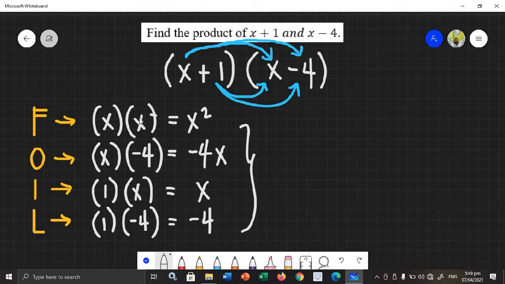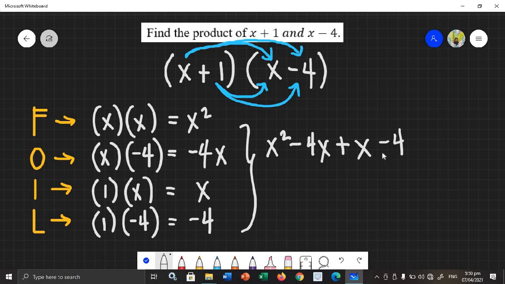So, here, first is the F, the product of the first terms, which is x raised to the second power, and then the product of the outer terms, which is negative 4x, so write minus 4x there, and then the product of the inner terms, which is positive x, so just write plus x, and then the product of the last terms, which is negative 4, so just write minus 4.